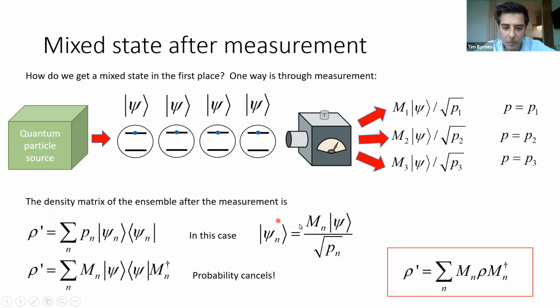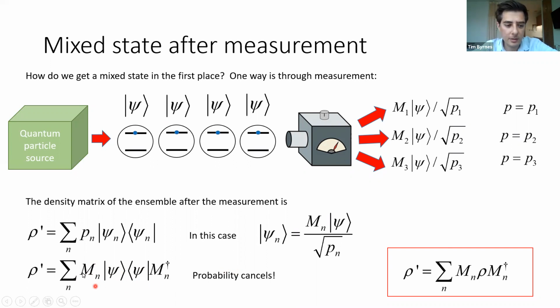If you put this formula in here, you'll get a P_n on the numerator and two square roots of p in the denominator, so they exactly cancel out. So the expression you get for the average state after a measurement is just M_n times the state, and you don't need to put any probabilities in because they cancel out.